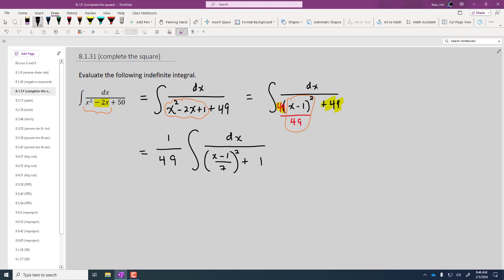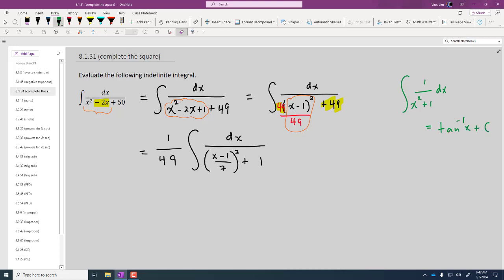Now we've got the nicest possible form for us: sum of squares with a 1. And what form is that in? Arctangent. Exactly. We could use trig sub, but we don't need to because it's already in arctangent form. We already know that the integral of 1 over x squared plus 1 is arctangent of x.